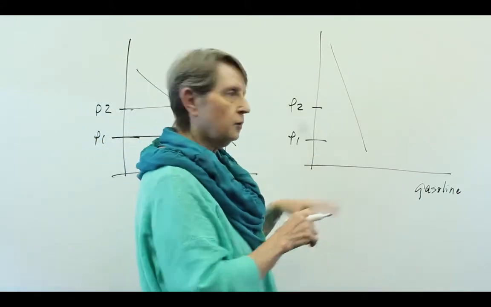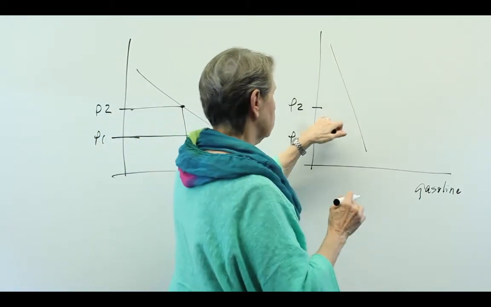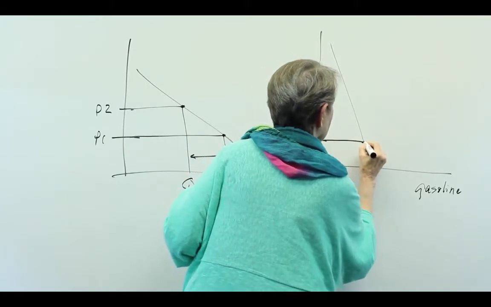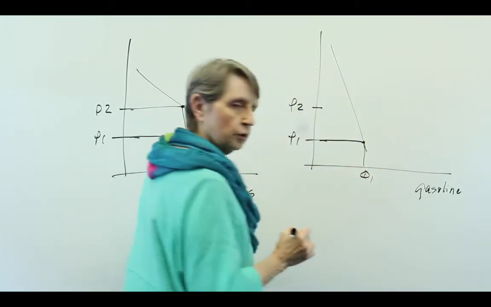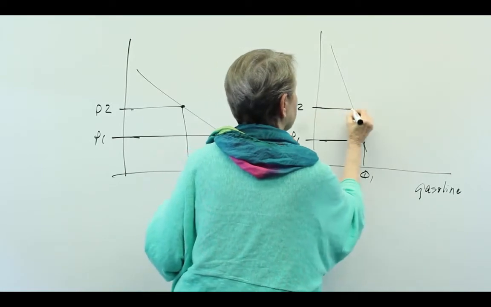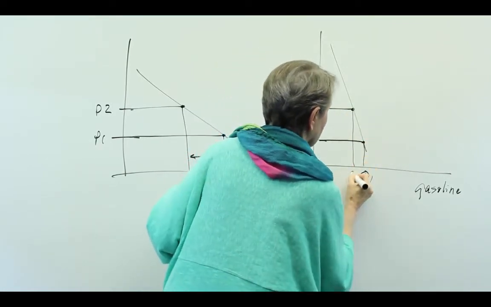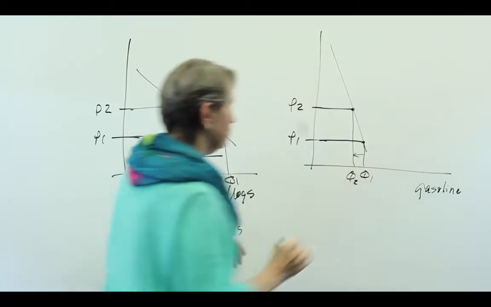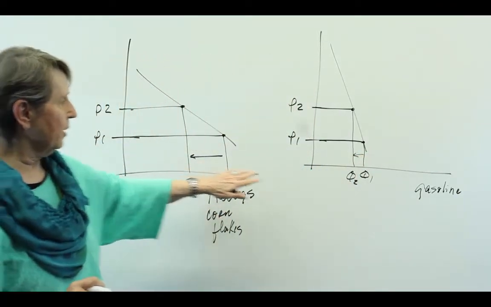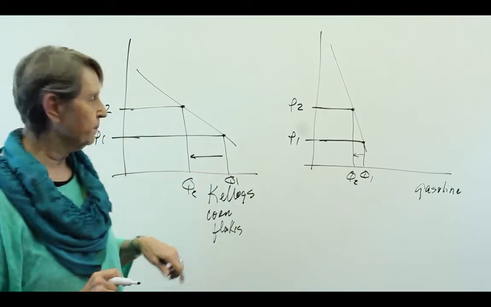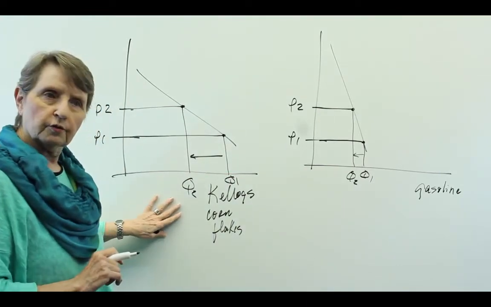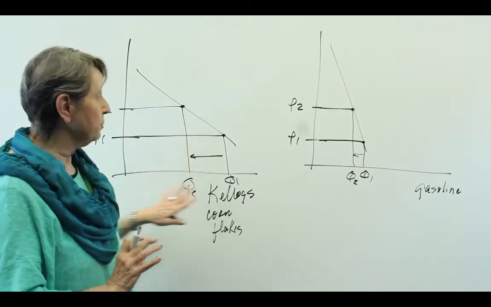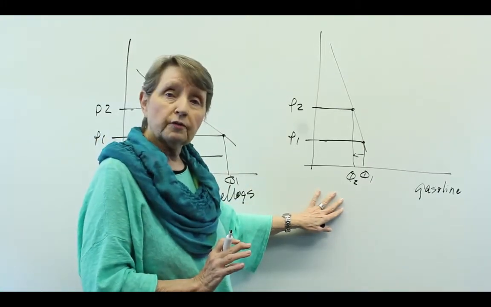Let's go over here to the demand for gasoline and increase price by the same amount. Here at price 1 is Q1. Price goes up to P2, and as we know, quantity demanded falls. But look at the response. Compare this response to this response. These consumers of Kellogg's cornflakes are much more responsive to changes in price than are the consumers of gasoline.